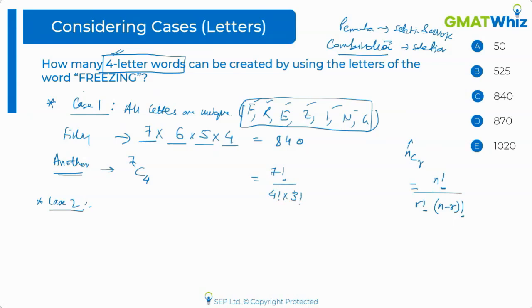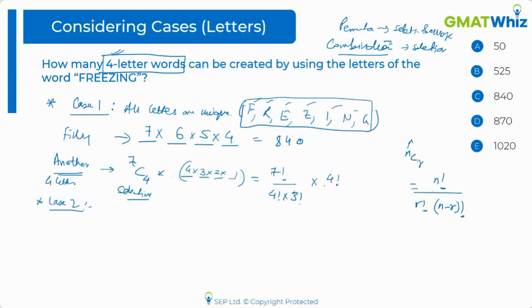So I've done my selection. Now I need to arrange them. Now think about it. I've selected 4 letters, and I have 4 spaces. In how many ways can I arrange 4 letters in 4 spaces? I can do that in 4, 3, 2, 1, 24 ways. So I'll say 4 factorial.